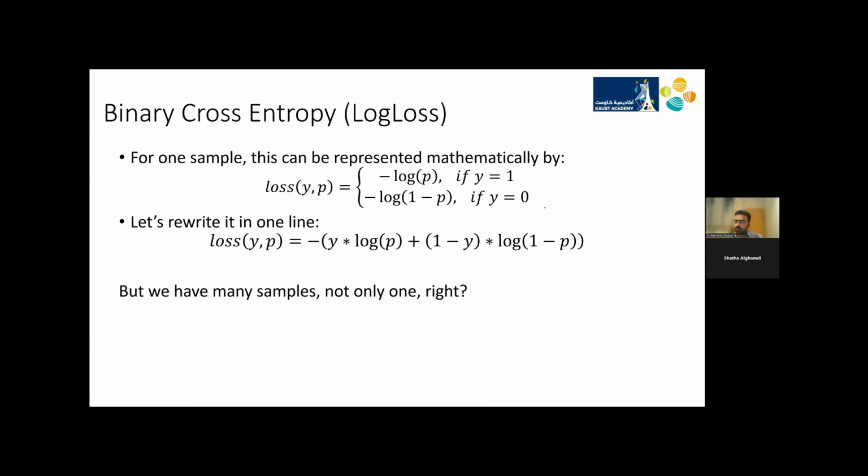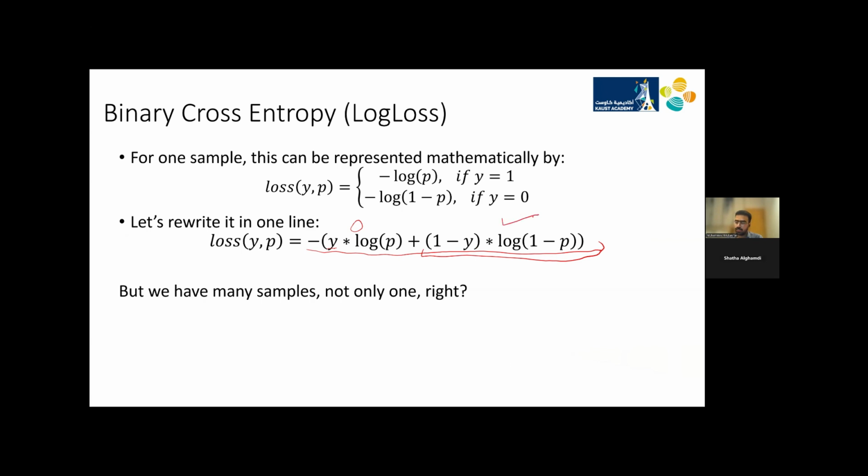To combine both of these things, we can write them in a single line like this. When the true label is 1, we just multiply the whole thing with the true label itself. And when the true label is 0, this term will come into action, right? So if the true label is 0, this term will zero out, and only this term will remain.